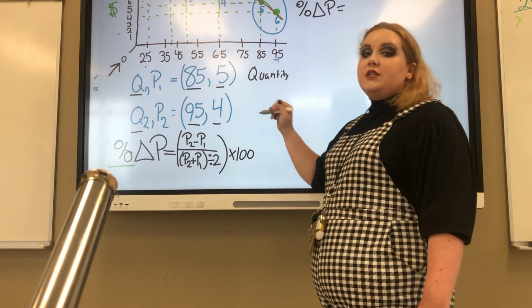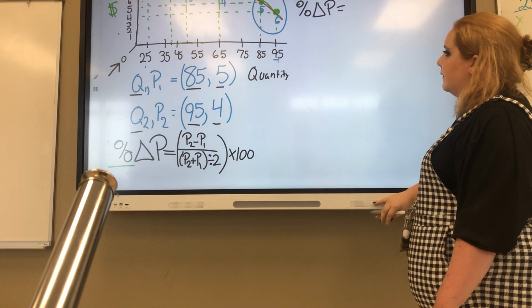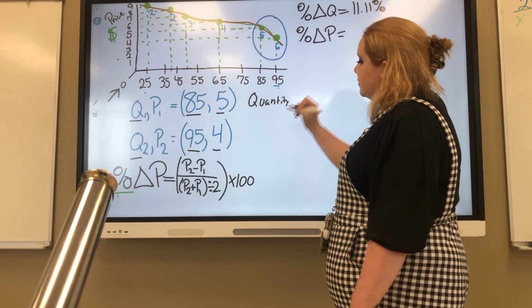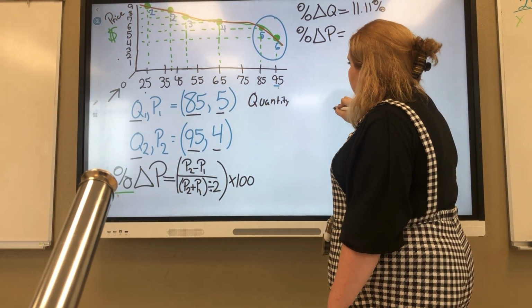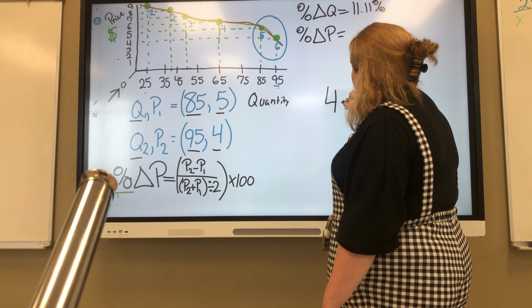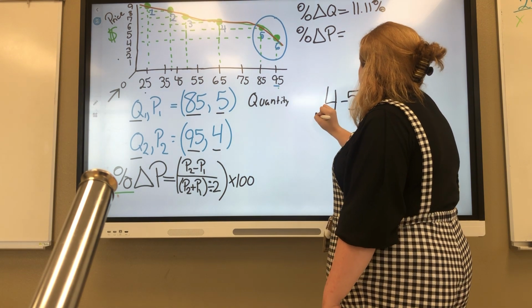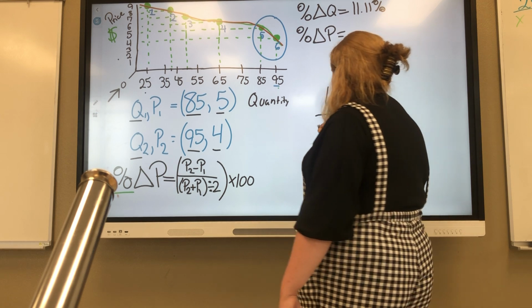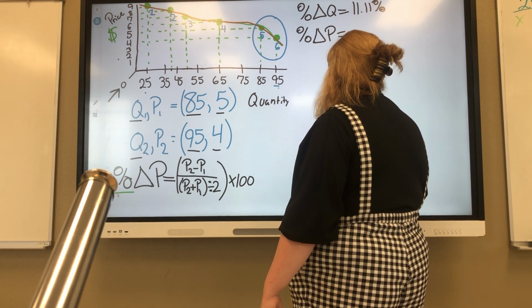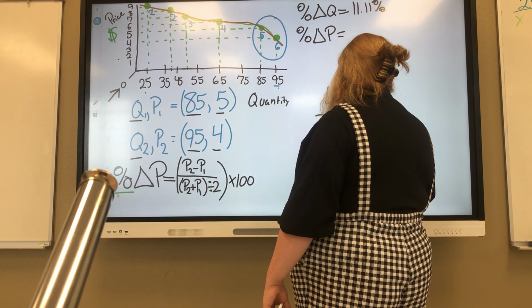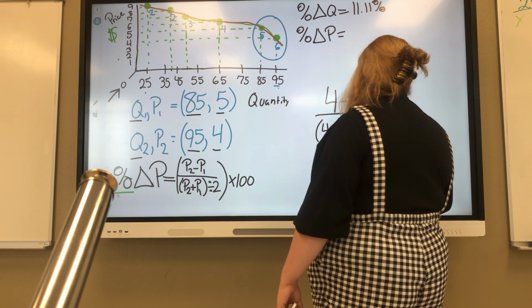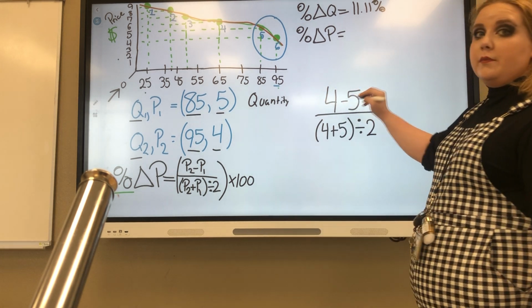Sorry, P2 is 4. So if we're saying P2 minus P1, we're going to be saying 4 minus 5 over 4 plus 5 divided by 2.